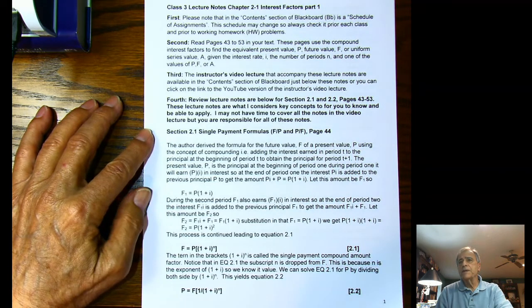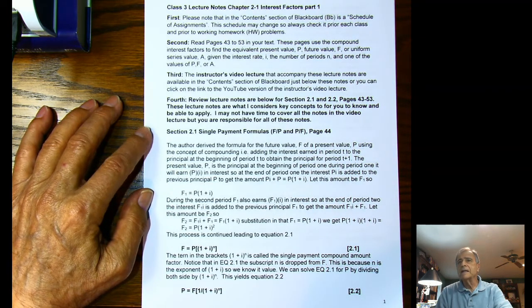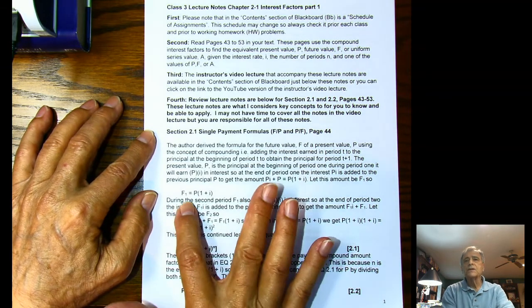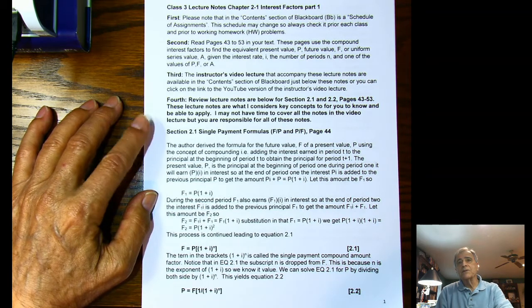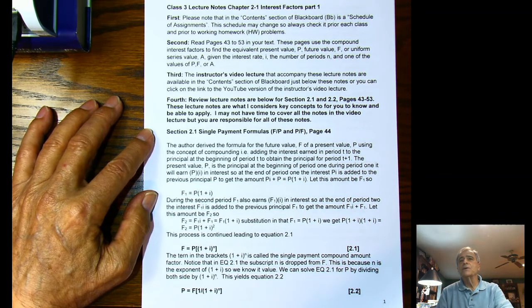So you would have P times (1 plus I) if you factor out the P. And that's this formula, which he calls F1. F1 is the future value after one period of the principal that you started with plus the interest that you earned.